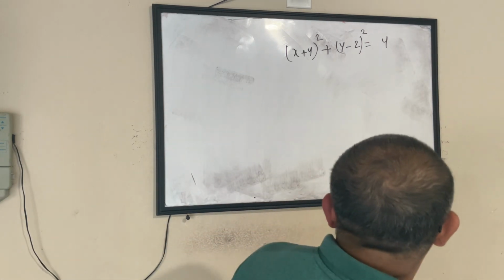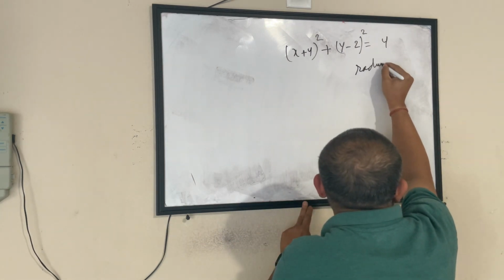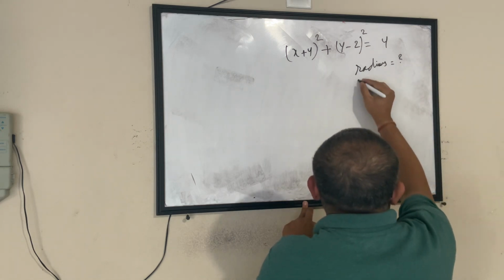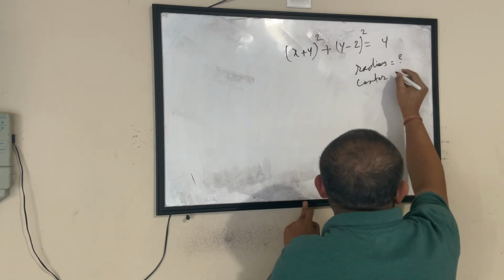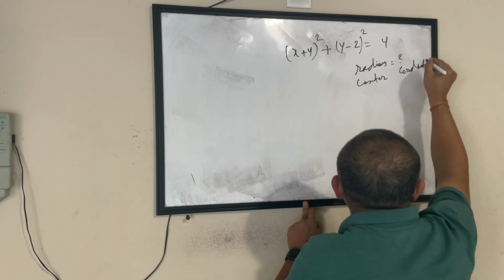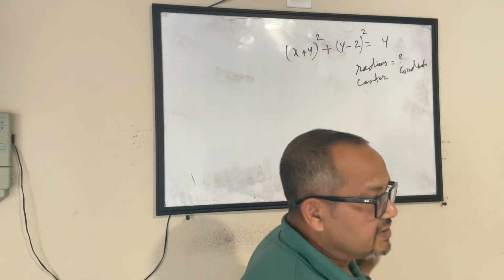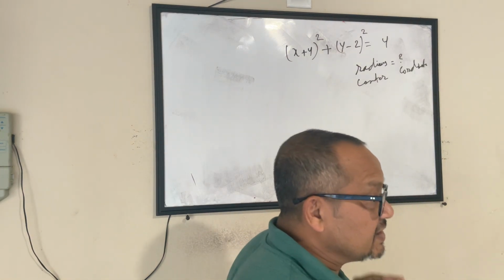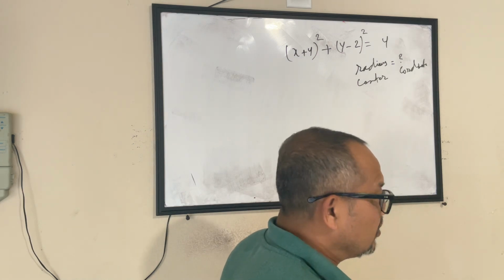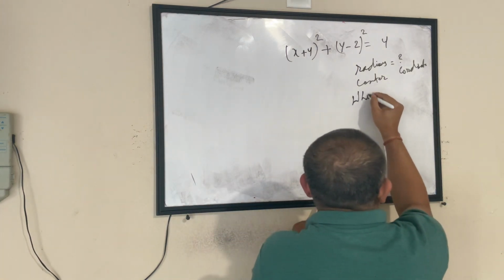I want to know what the radius is. Radius equals what? And what are the center's coordinates? I also want to know which quadrant this circle fits in. Is it in one quadrant? Is it spanning across multiple quadrants? I want you guys to find it out for me. So which quadrants?